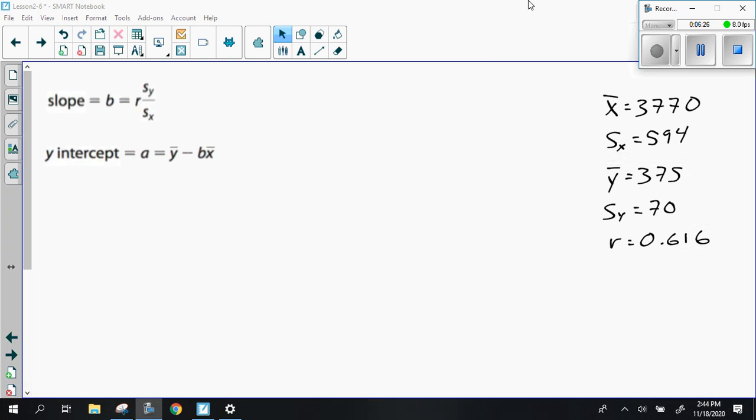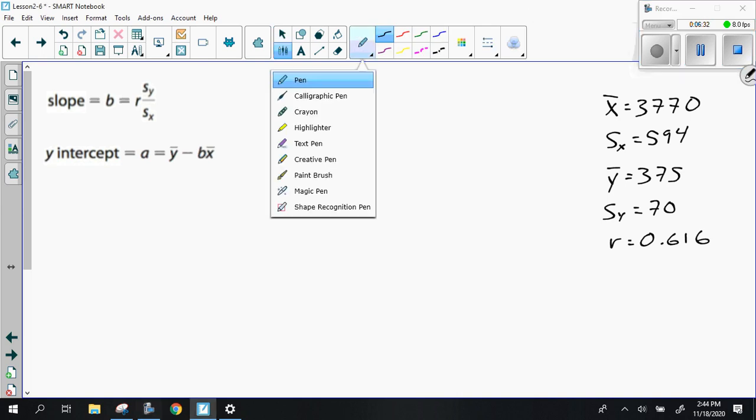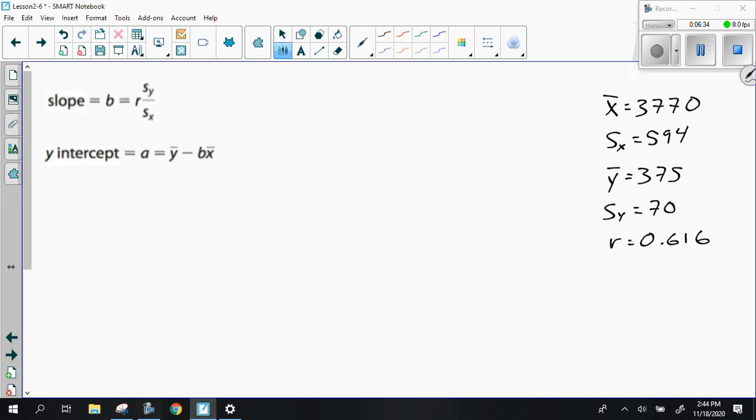So in order to do this, we're going to need a couple of equations there. We've got our statistics that were given in the problem. Let's go ahead and calculate the least squares regression line. Y hat equals bx plus a. All righty then. So the first thing we need to do is figure out our slope.